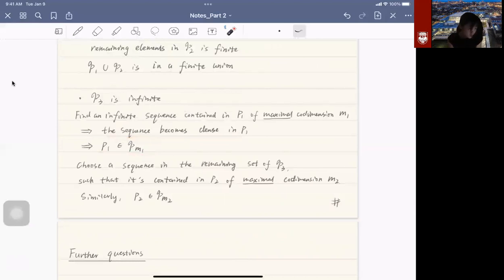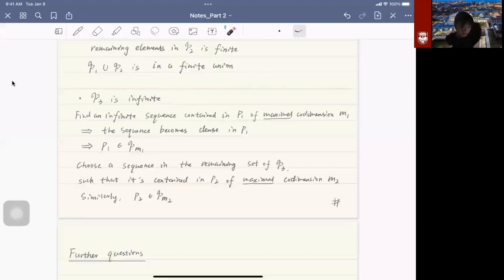We take out this sequence and choose another sequence in the remaining set of P3, and each time we want the sequence to be contained in a manifold of maximum codimension.